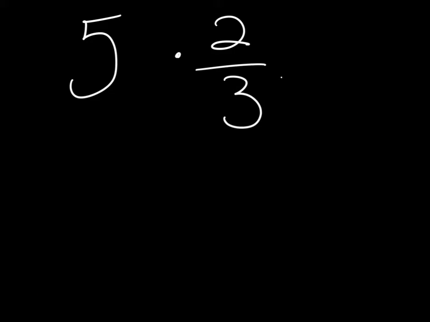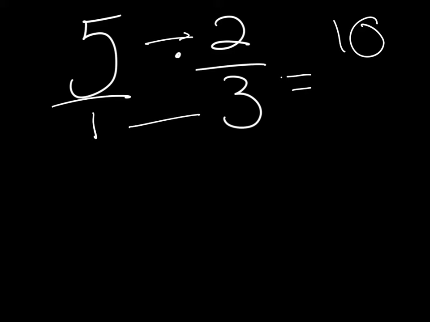In the mathematical algorithm, meaning the process of multiplying without the model, we would change the whole number to an improper fraction by putting it over 1. Then we multiply the numerators, 5 times 2, which gives me the 10, and the denominators, 3 times 1, which is 3.